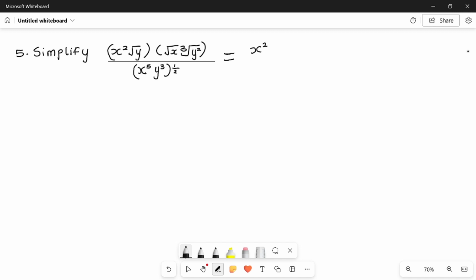Root y is the same thing as y raised to power 1 over 2, times root x, same thing as x raised to 1 over 2, and cube root of y squared, same thing as y raised to power 2 over 3.